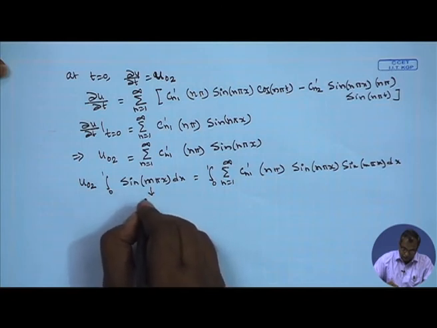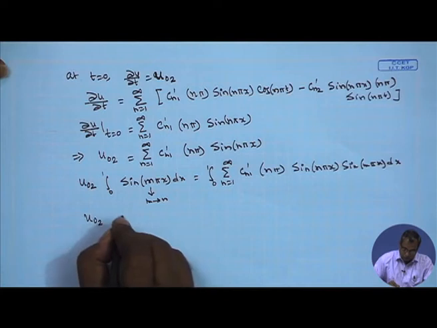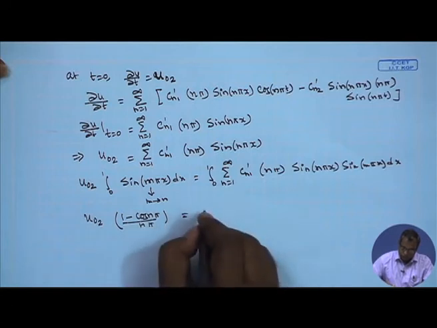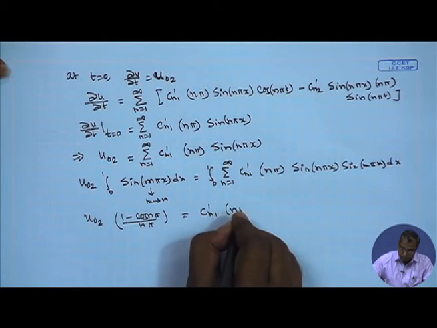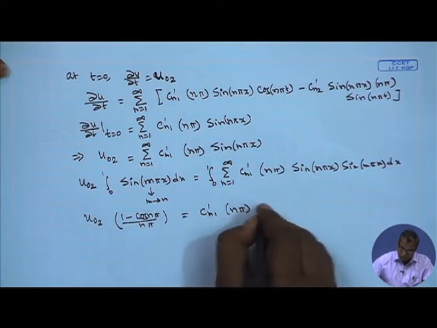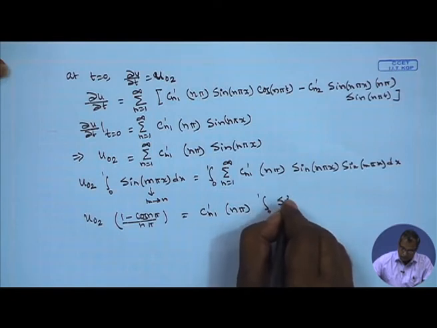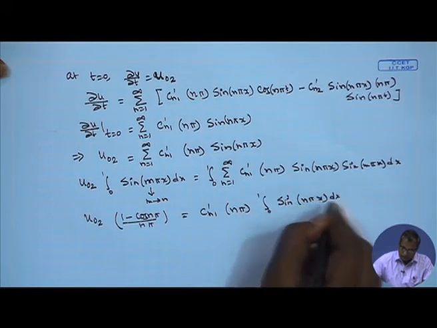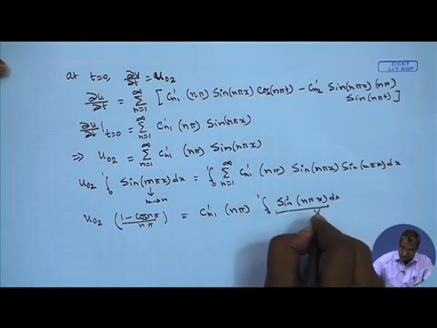Then I change the running index m into n. So, this will give you (1 minus cosine n pi) divided by n pi, and on the right hand side I will get Cn1 prime n pi times the integral of sin square n pi x dx, that will be nothing but half.